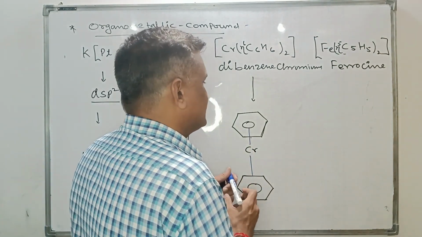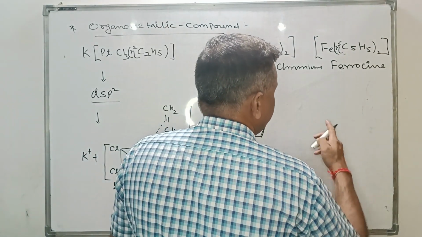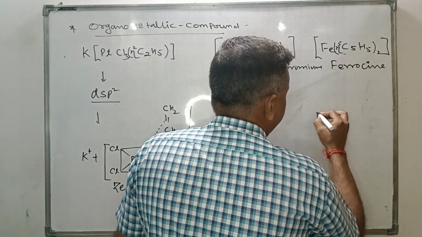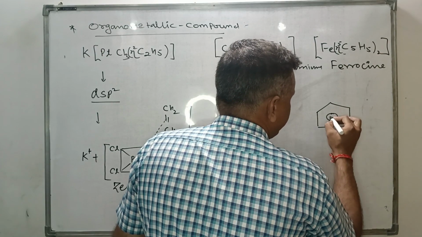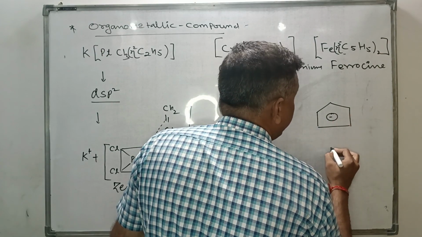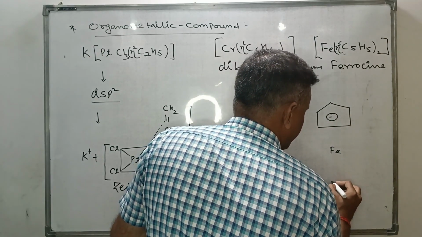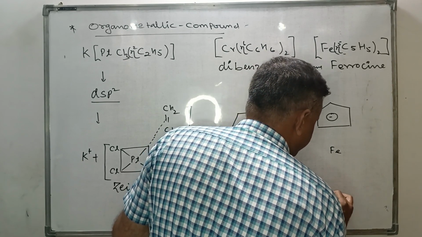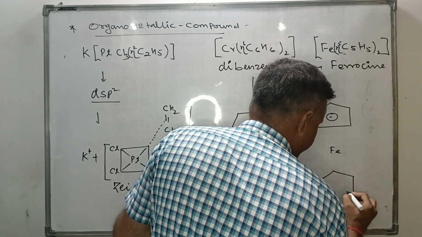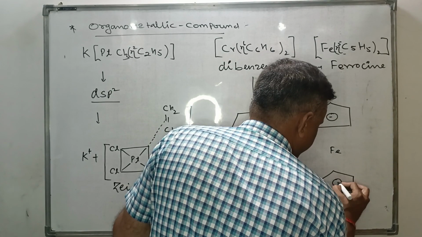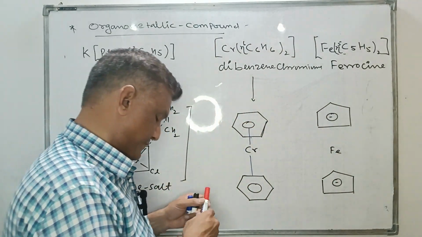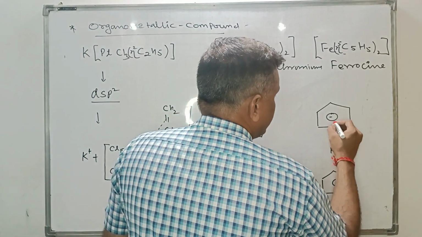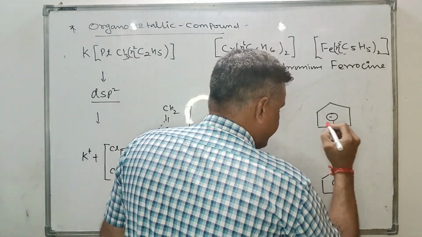Now the other structure, ferrocene. This is a cyclopentadienyl ring, this is the Fe, and this is another cyclopentadienyl ring. Here the bonding is pi bonded attachment.